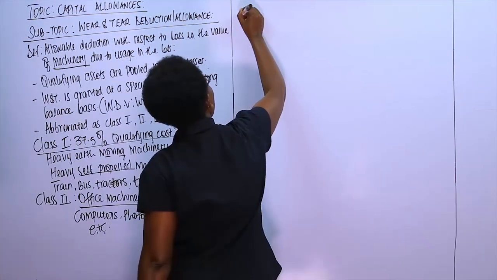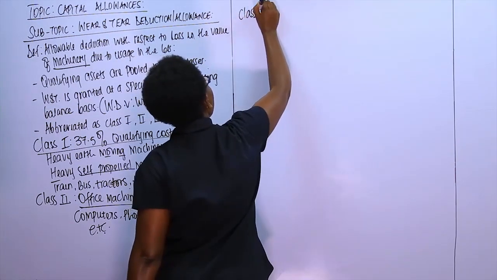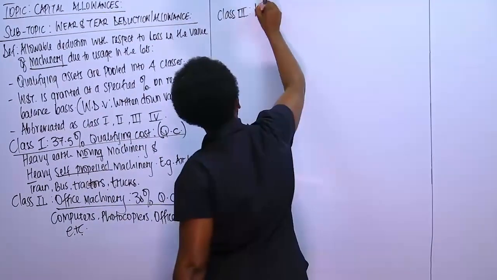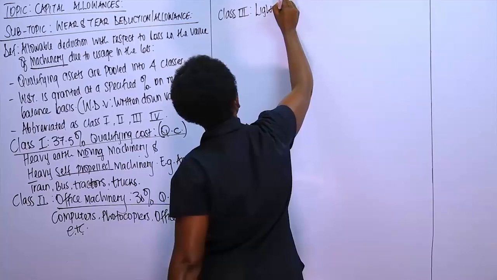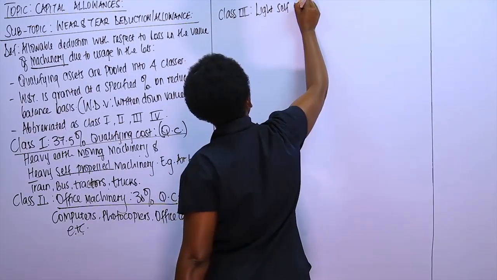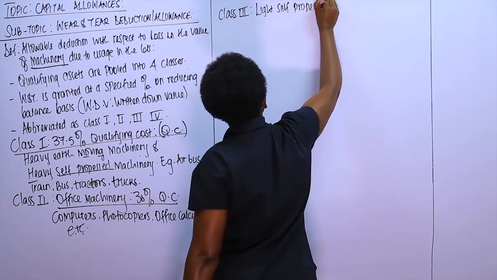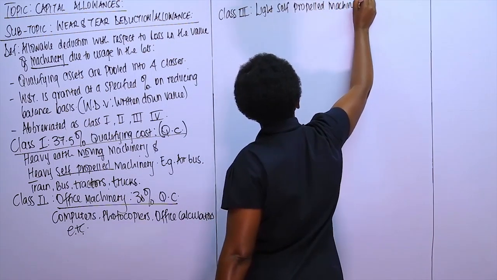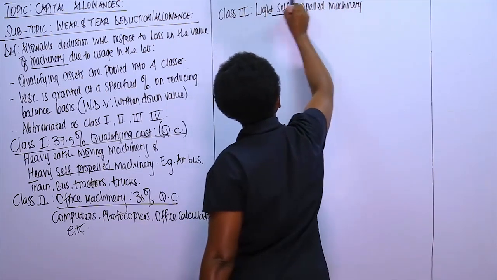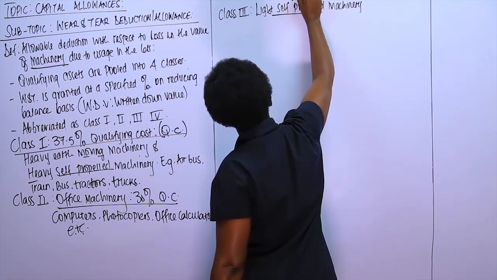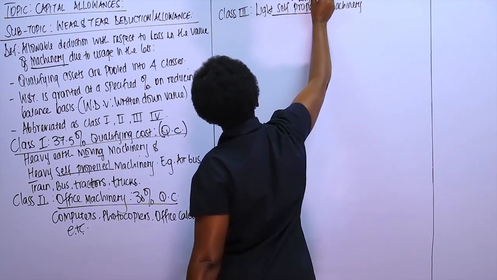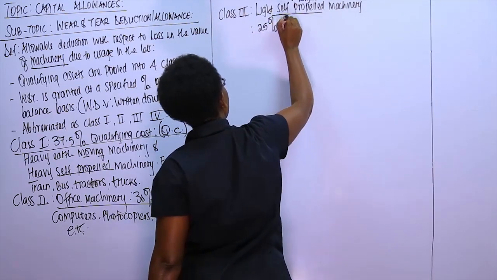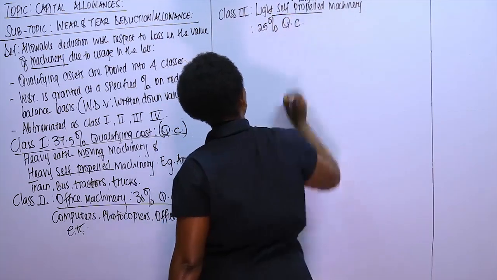Then you have class 3. This is for light self-propelled machinery. Again, that word, self-propelled, meaning that it has an engine, and the rate is 25% of the qualifying cost.